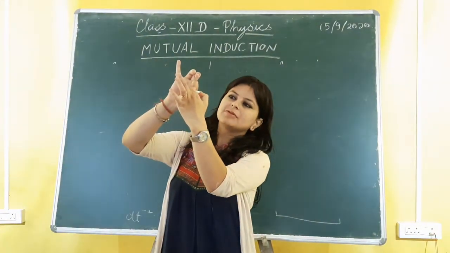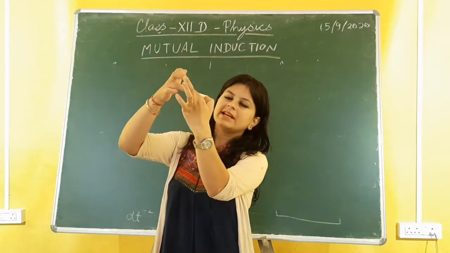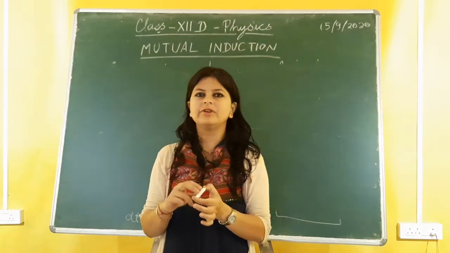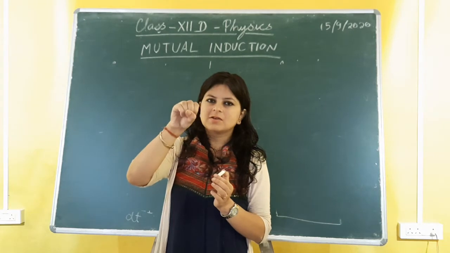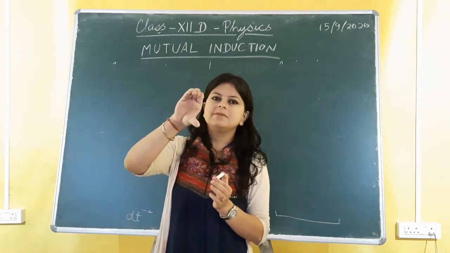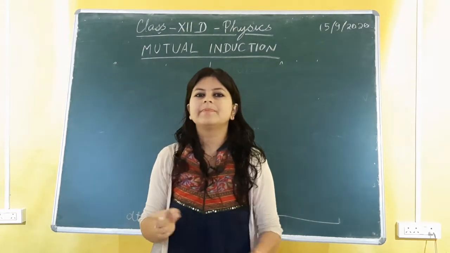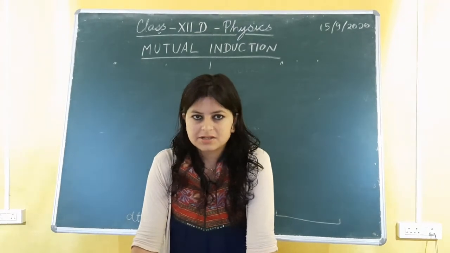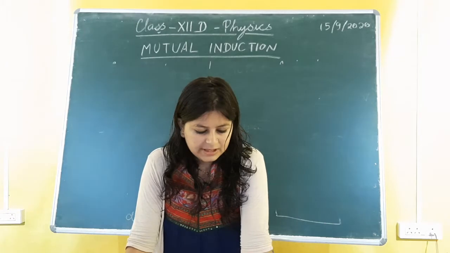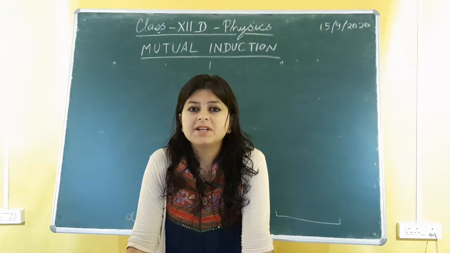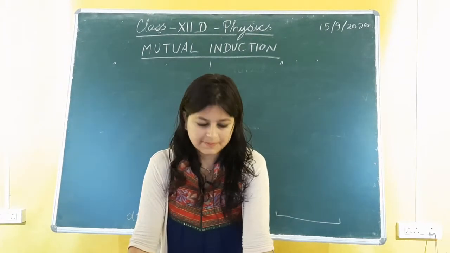The axis of the bigger solenoid also will be coinciding with the axis of the inner one. So here we will be taking two solenoids, one inner solenoid and one outer solenoid. Because these are two coils, they will be giving mutual induction on each other, and you will be able to find out the value of mutual inductance of these two coils.